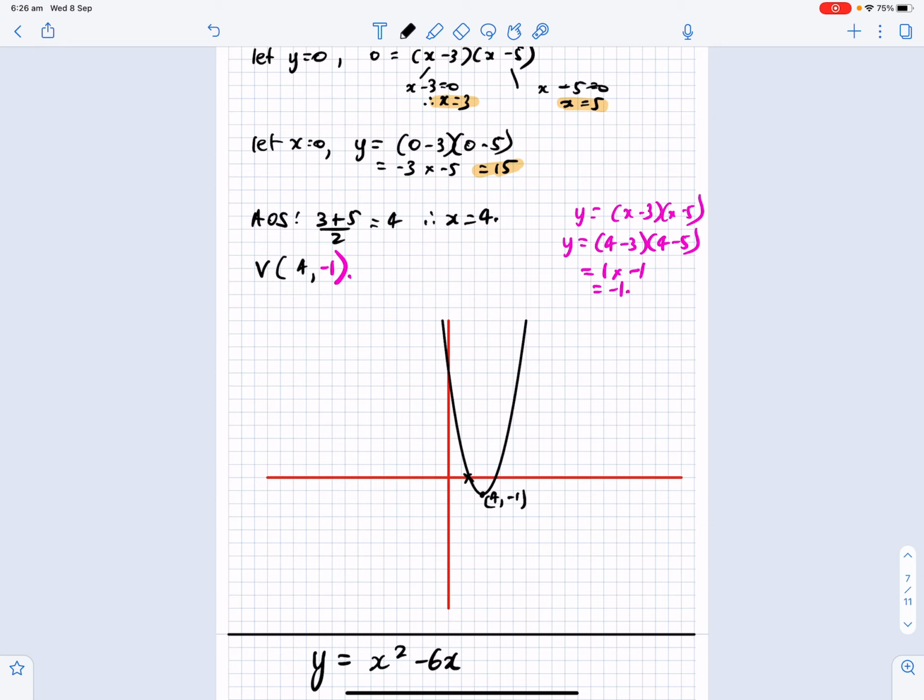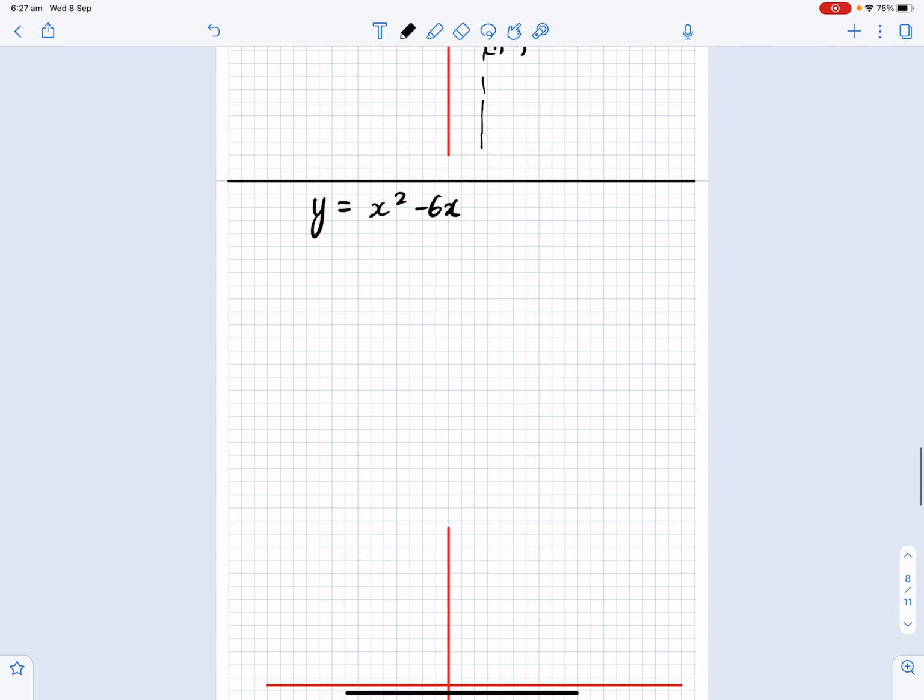That's the x-intercept of 3. That's 5, and then that's 15. Now that's more realistic. Okay? And you're done. The axis of symmetry, of course, is there, which is x is equal to 4. We knew that from the beginning. And that's your parabola sketched and done. Let's have a look at the next one.